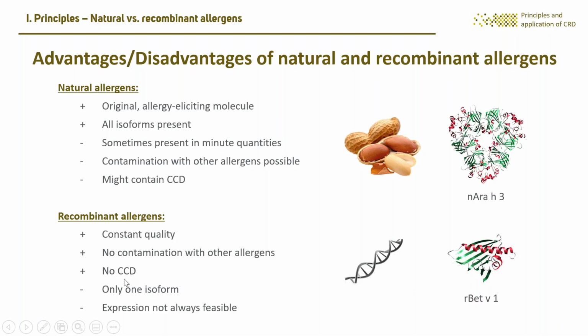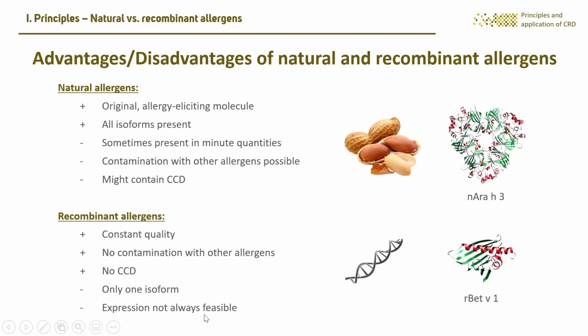Disadvantages or problems which need to be taken into account are that whenever you express an allergen molecule in an expression system, the purification contains only one isoform. So as mentioned before, if several isoforms of the same allergen happen to be important, you need to produce them all individually.